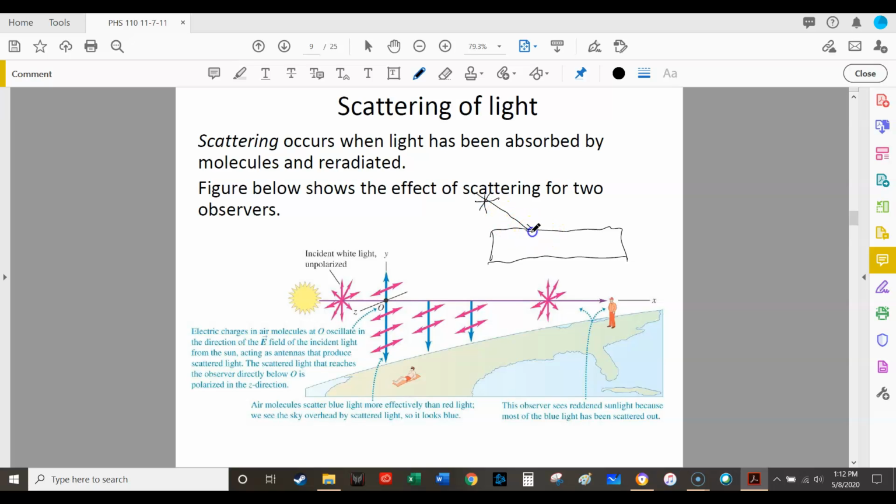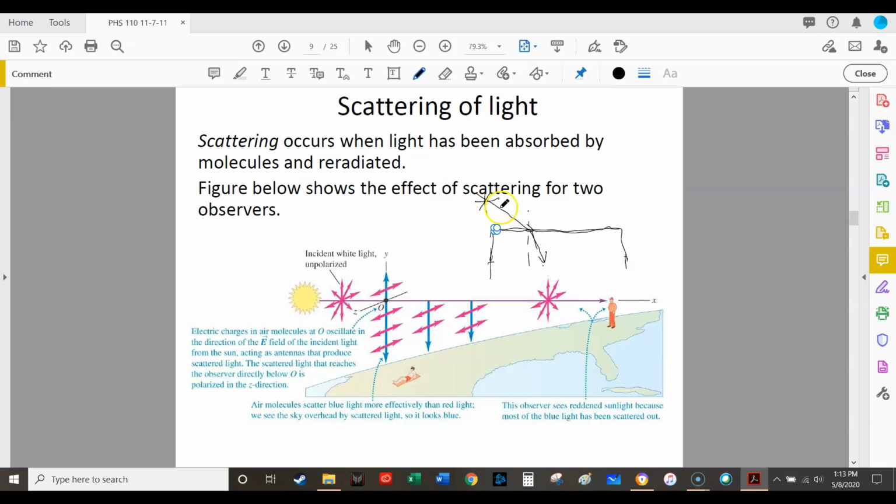Well, when the light enters and refracts into our water tank, right? So here's our water tank. That light ray is going to refract in.